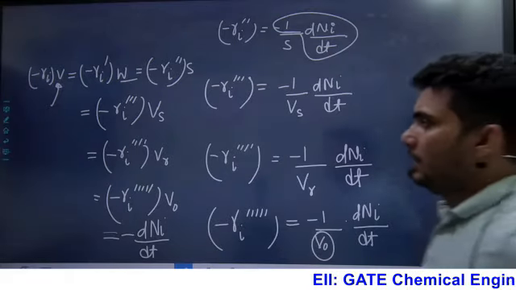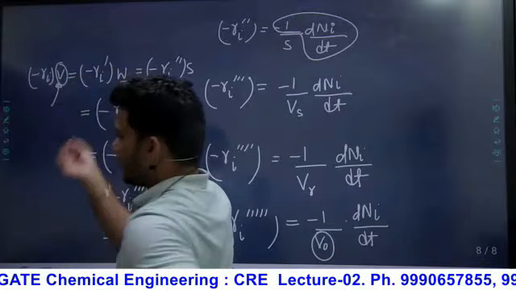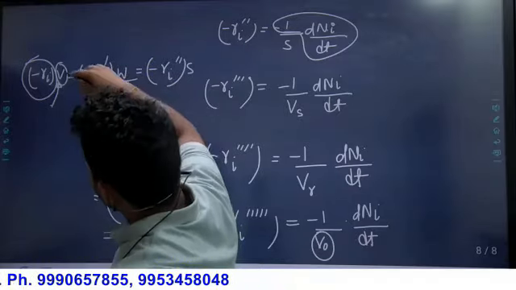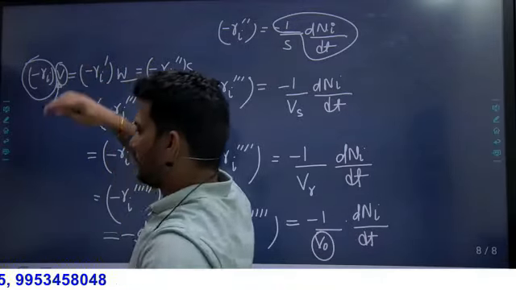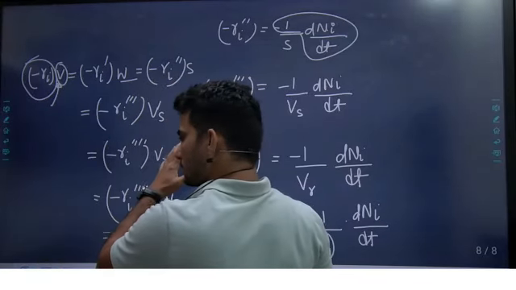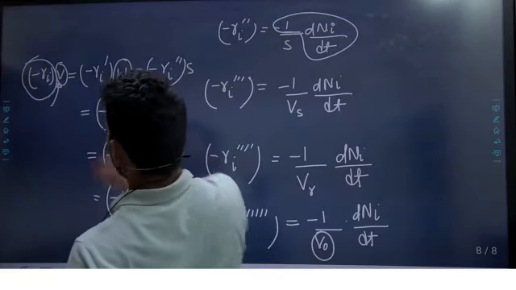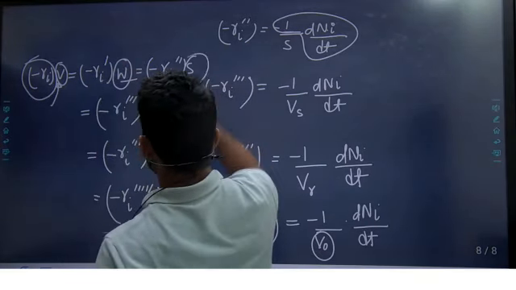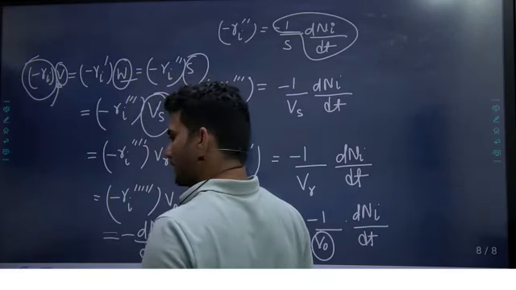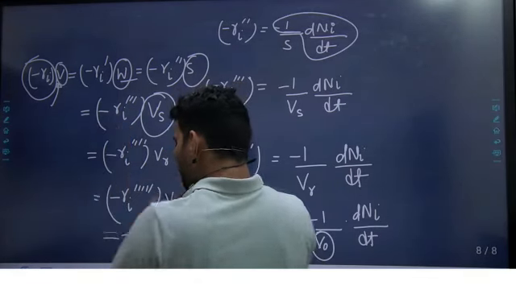Sometimes in your question, the volume of the reaction mixture is given and the rate is given, and then the same reaction takes place with the help of a catalyst, where the mass of the catalyst, the external surface area of the solid and the volume of the solid are given, and they can ask for the rate. So you can equate.